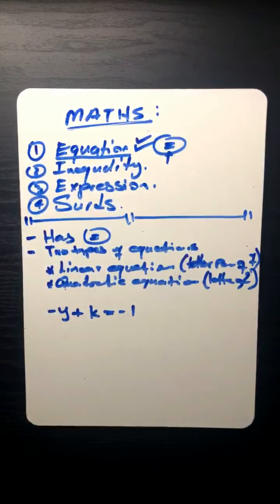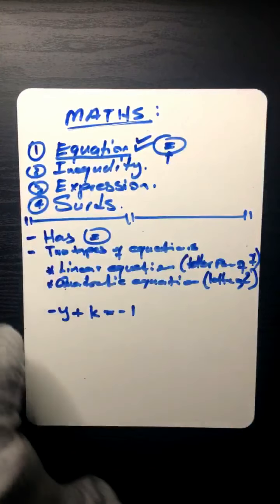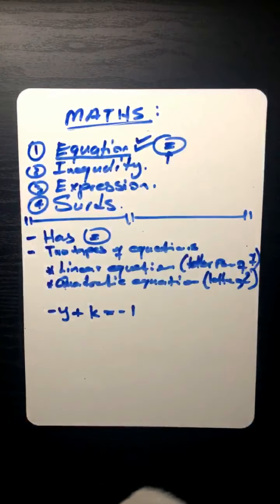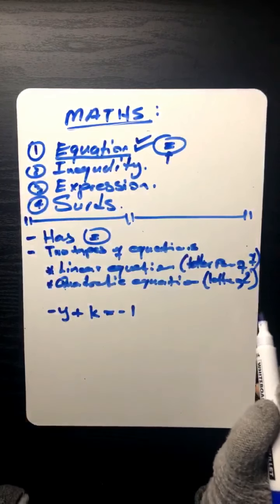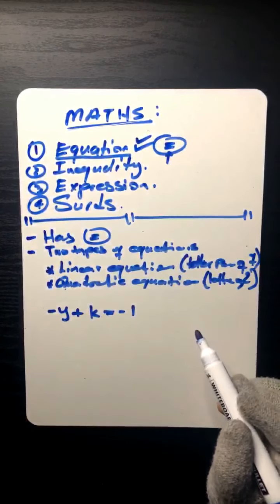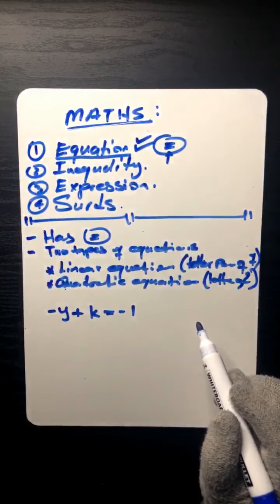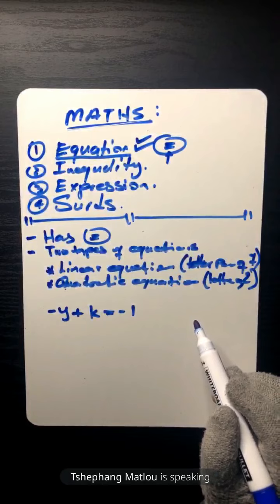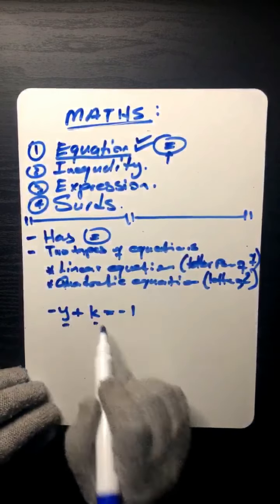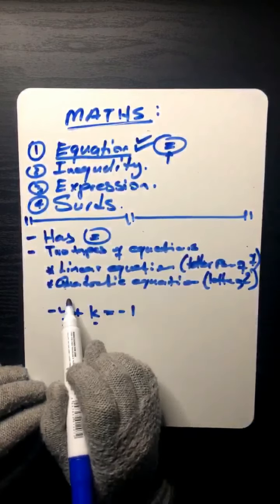So what type of problem is it? It's the linear equation. Why? It has what? How do I call this? That invisible one. Yes, we can just say the letters have a power of invisible one.